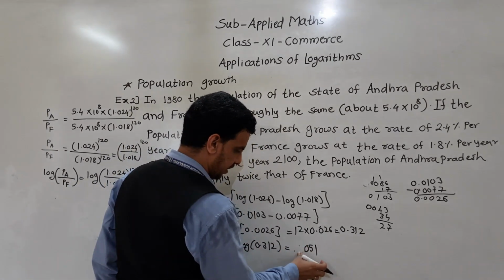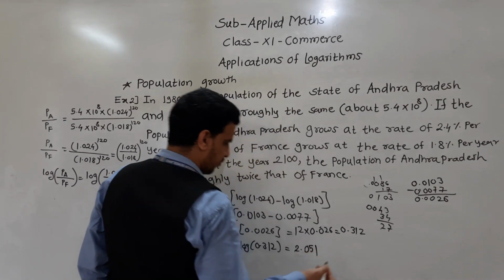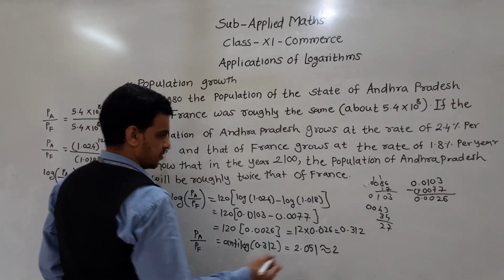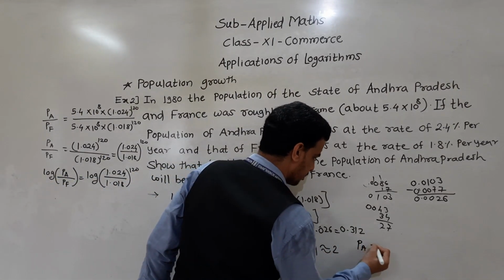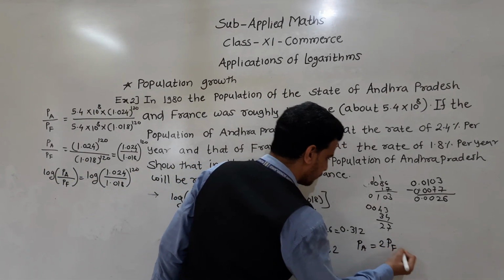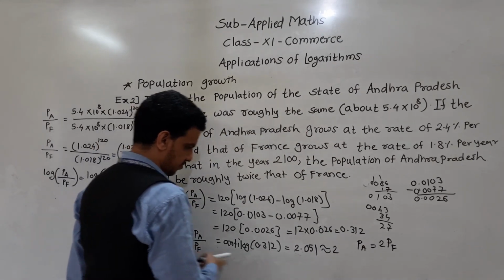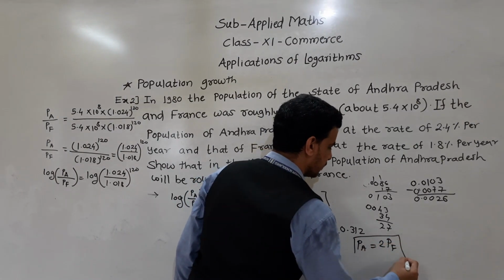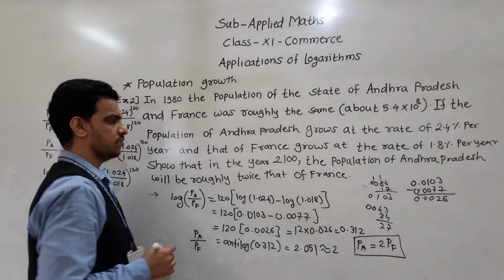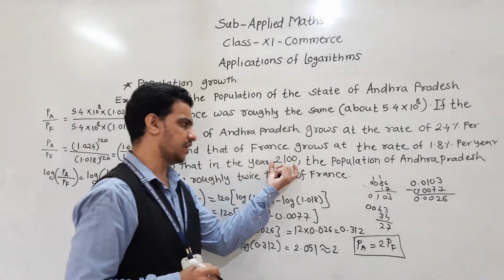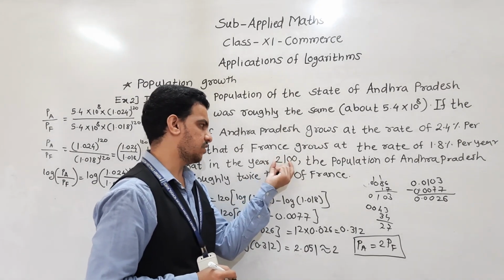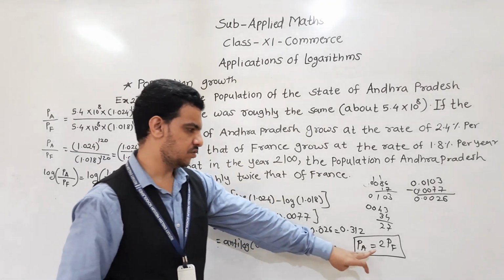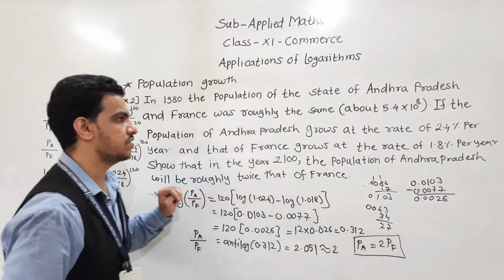So add 1 and give decimal point after 1 place. So approximately it is 2. So population of Andhra Pradesh is 2 times population of France. We can write PA is equal to 2 times PF. After 120 years, in 2100, it is 2 times population of France.